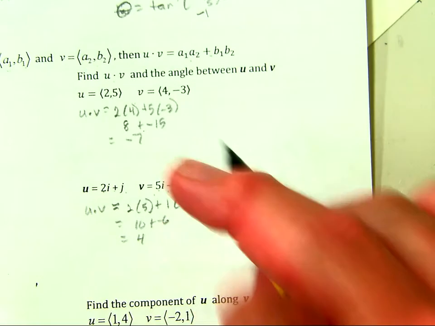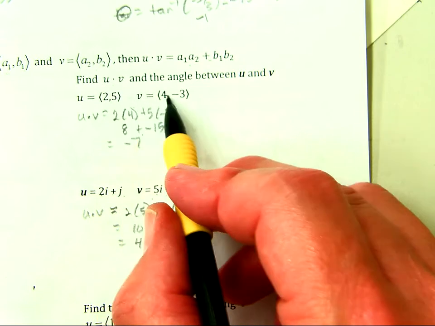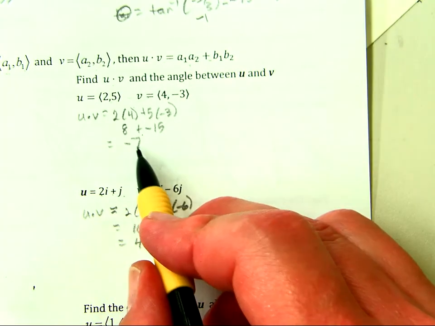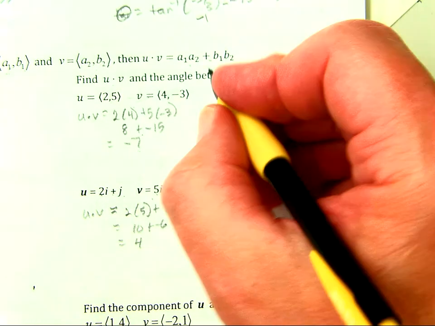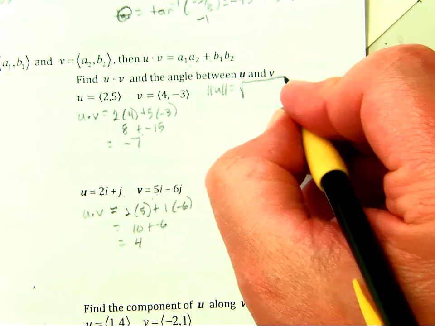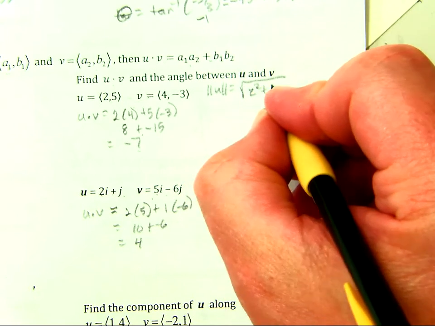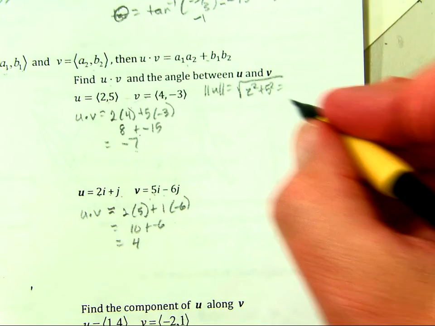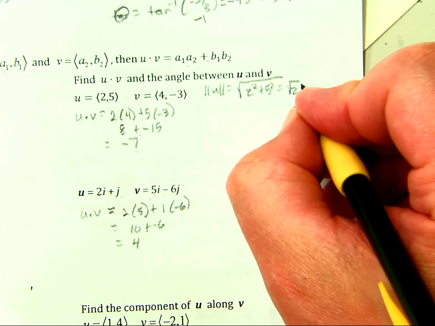Going back to this one, I want to know the angle between u and v. We already know the dot product is negative 7. Let's find the magnitude of u. Remember, for magnitude we take the square root of a squared plus b squared, so here that's the square root of 29.